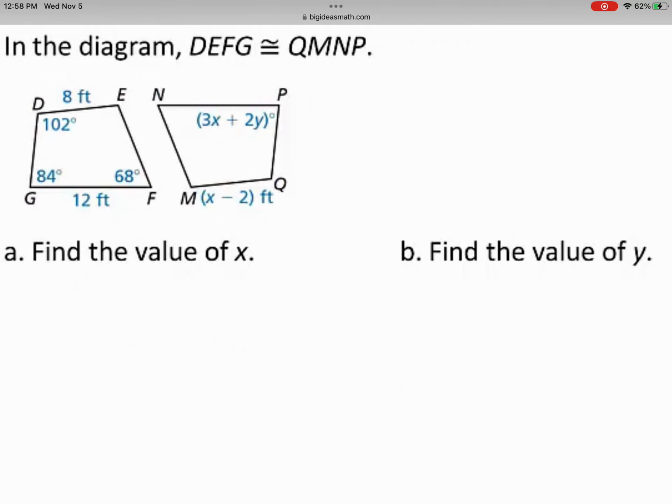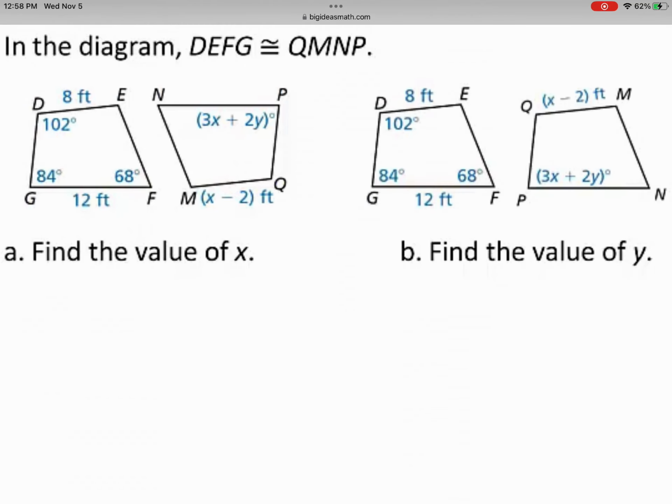To help you identify the corresponding parts, rotate quadrilateral QMNP as shown. Now, in part A, to find the value of x, first notice that side DE corresponds and is congruent to side QM.